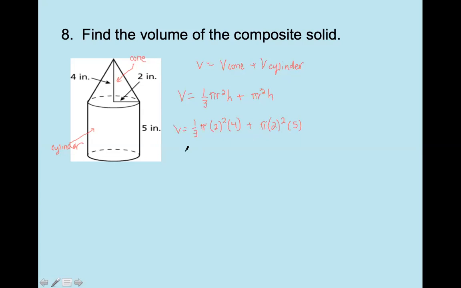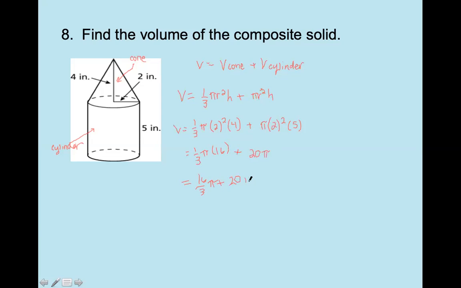All right, so we're going to put all those measurements together. So on this first one, we have 1/3 times pi times 2 squared is 4. 4 times 4, we have 16 over here. Plus 2 squared is 4. 4 times 5 is 20 pi. So this turns into, I can't take 1/3 of 16. I would get a mixed number. So 16/3 pi plus 20 pi.